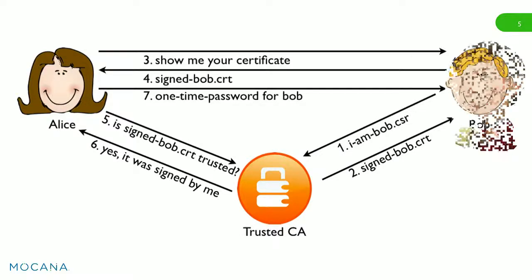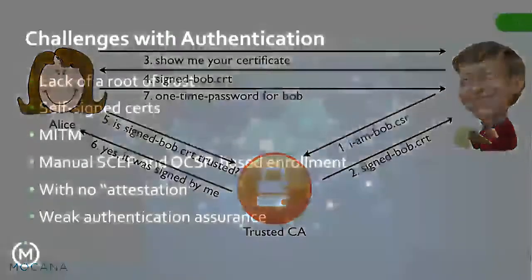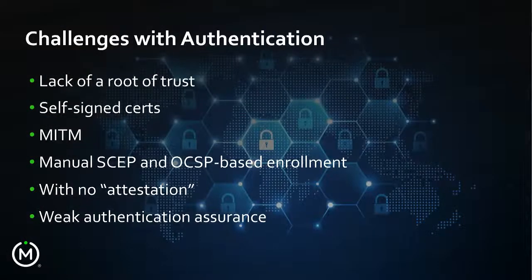The problem is that you still don't really know whether Bob is really Bob, because that CA is still trusting that Bob is saying that he's Bob. And if it's a system or two computers, how does that embedded system actually establish the trustworthiness of its identity, which has to kick off this whole process?